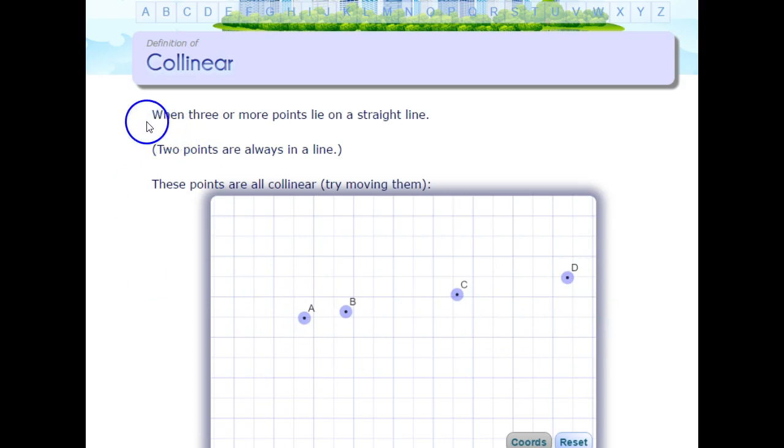Because collinear is when we have 3 or more points that lie on a straight line. That's the definition of it. 2 points always make a line. And there we go.